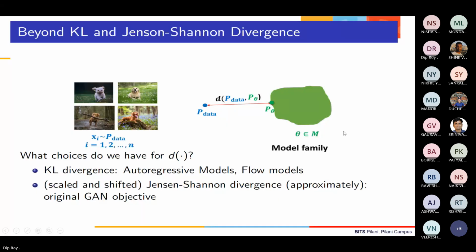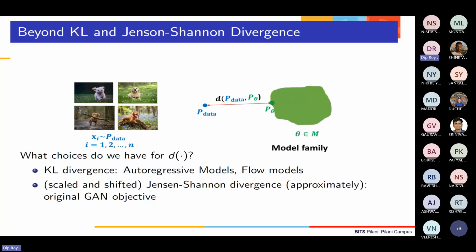All right. So now we have talked about Jensen-Shannon divergence. We have moved beyond KL, and we want to move beyond KL and Jensen-Shannon divergence. So what we would be doing now is essentially trying to generalize this entire notion of divergence.